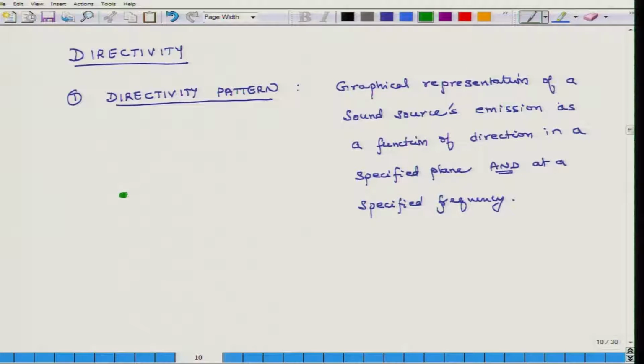First let us define the directions: x, y, and the plane through the board is the z plane. Suppose I am interested in understanding, in the z plane, which means that the plane normal is the z axis, how the sound pattern is changing.